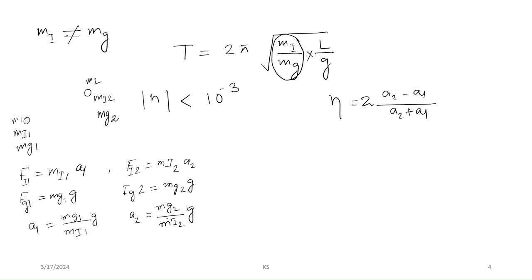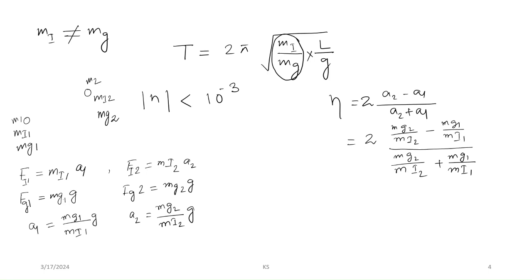Now let us put these values here, then we will get 2 times A2, which is mg2 by mi2, minus A1, which is mg1 by mi1, cancelling the g term, divided by mg2 by mi2 plus mg1 by mi1. So this is the Eotvos ratio in terms of masses.